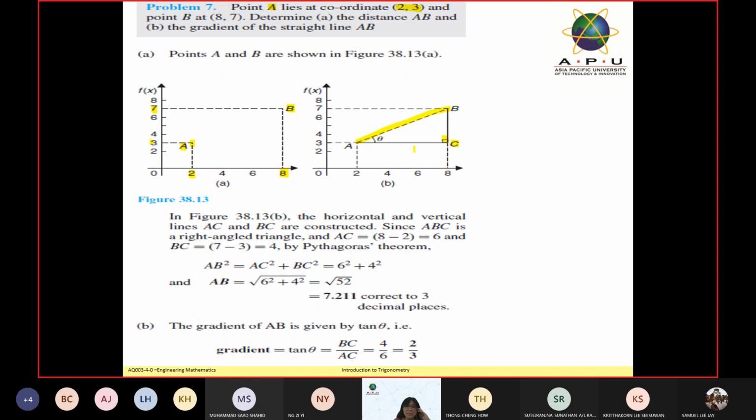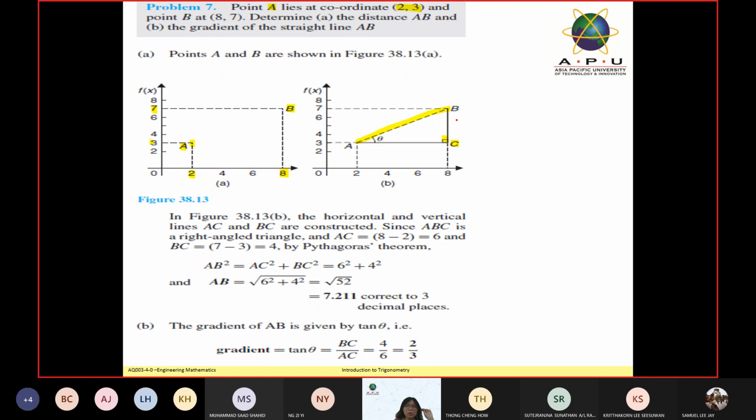So let's say here we put a C, to indicate ABC is a triangle. So how do we solve for AB? By looking at the right angle triangle, this is the hypotenuse, right? So we can use the theorem of Pythagoras to solve it: AB squared equals AC squared plus BC squared.